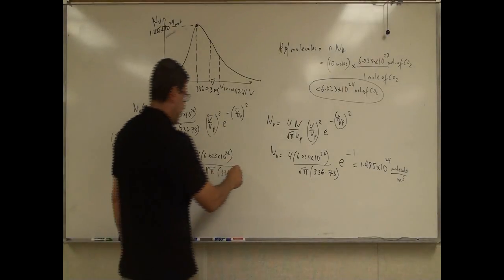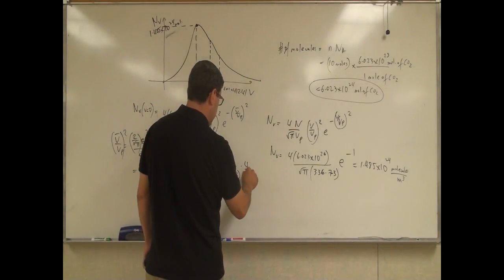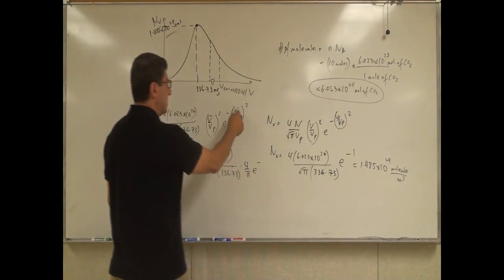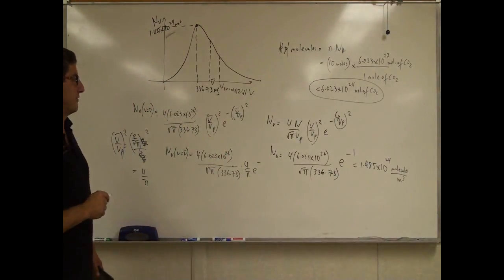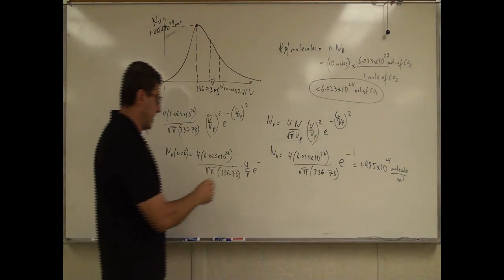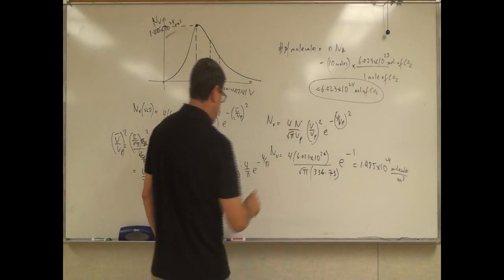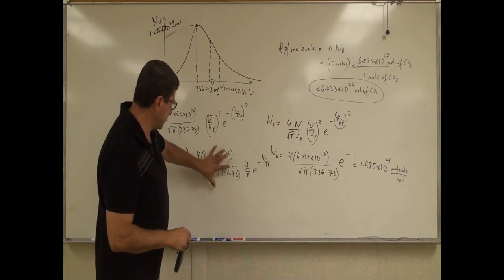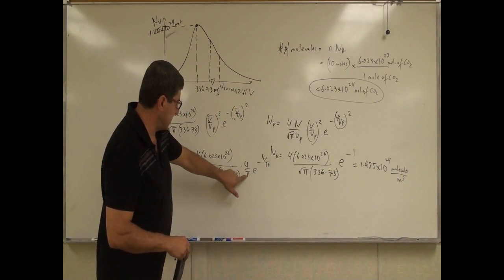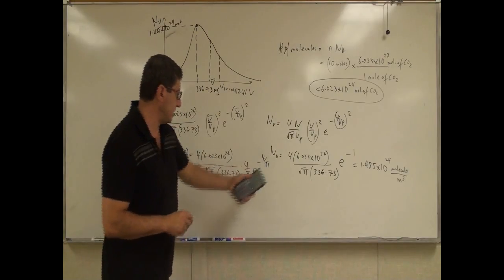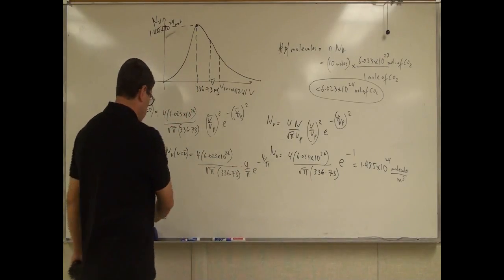Right? Then you multiply this by 4 over pi. Then you're going to do e to the minus, and then the V average over VP squared, which is going to be the 4 over pi. Okay, so then basically you're multiplying this thing by 4 over pi, and then you're raising e to the minus 4 over pi. Let's see what we get here.